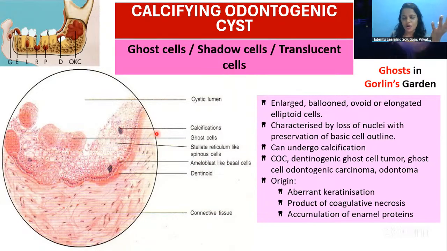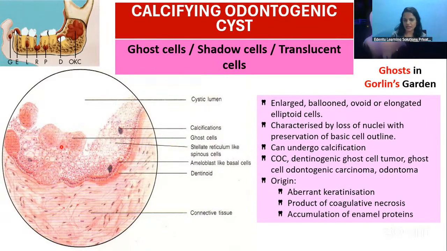Then there is a theory on coagulative necrosis. That is, the cells there had undergone necrosis, so only their outline is there. The nucleus and all is lost. Okay, that's one theory. And the third one is that it is formed because of the accumulation of enamel proteins. Okay, lots of enamel protein is getting accumulated there. That's why it is forming these ghost cells. Okay, so these are the three theories regarding ghost cells.